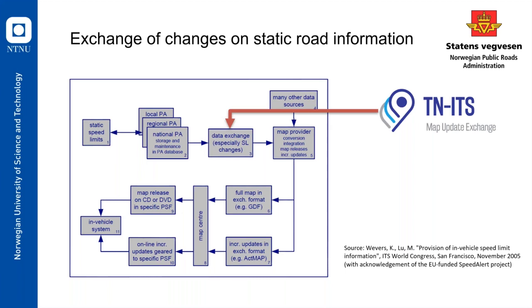What we see here is that we have authorities maintaining, for this example, speed limits, and we want to exchange this updated speed limit to the map providers so they can send it out, finally, to the in-vehicle systems. And once more, the data exchange here is where we find the TNITS specification.